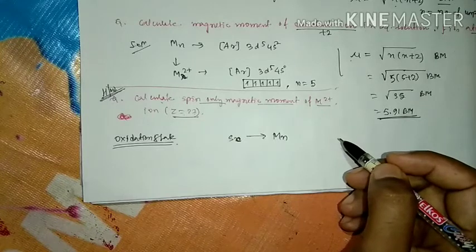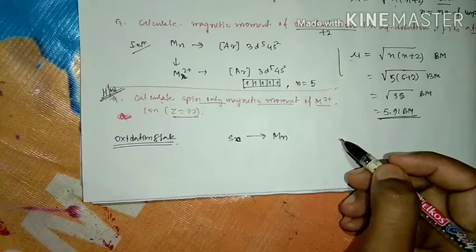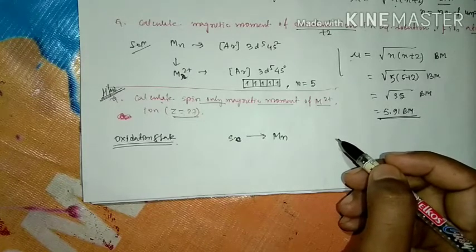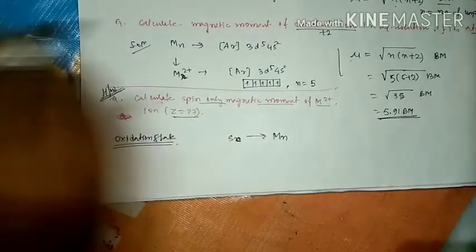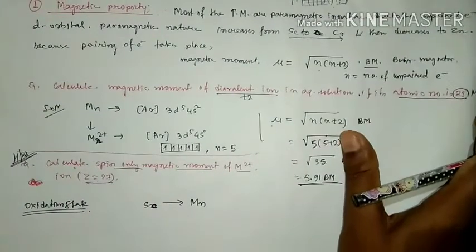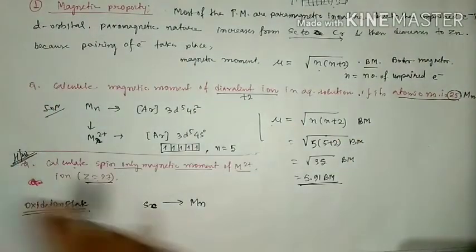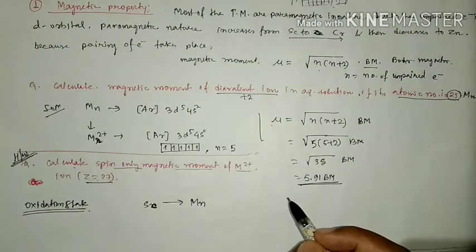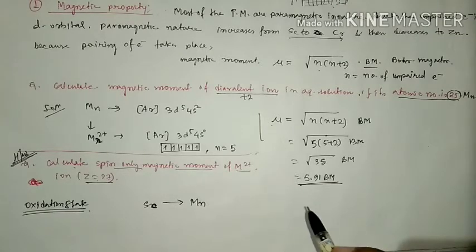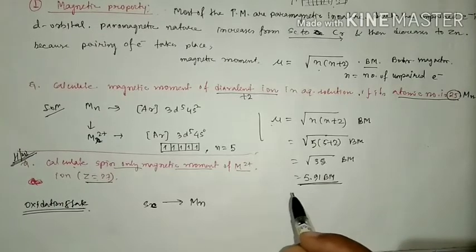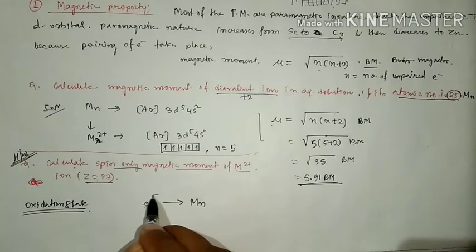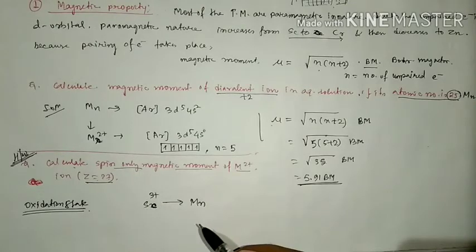Okay, see the next property. I'm asking a question. Questions may come in this way: name the transition element which does not show variable oxidation state. The answer should be scandium, because it shows only +3 oxidation state.